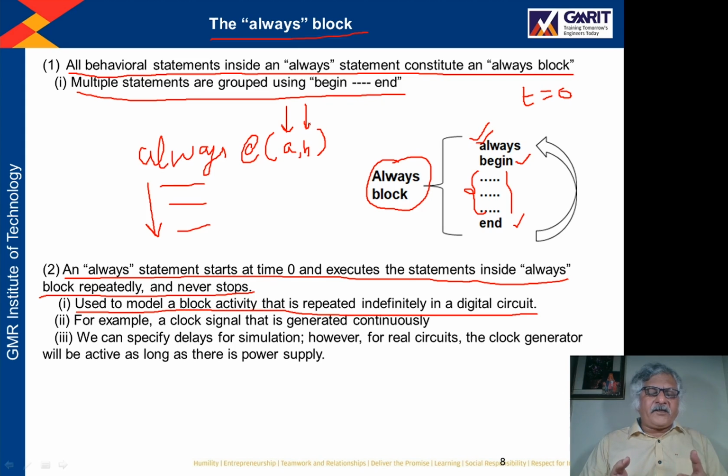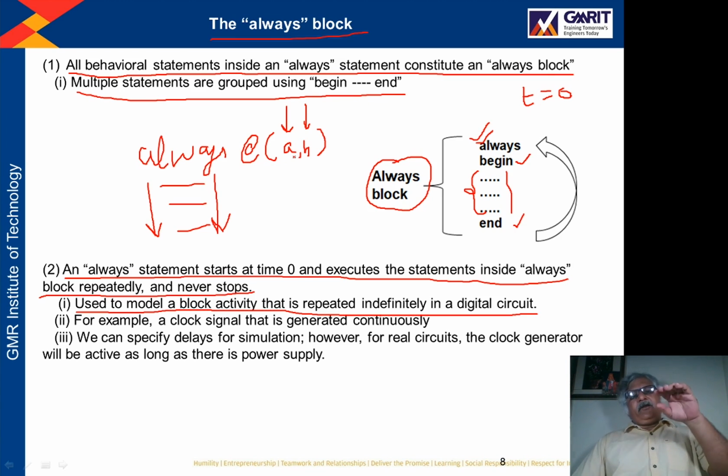So when a change in value occurs on A or B, all the statements inside the always block will be executed again. After the execution of the last statement, the always block will be suspended again, and it will wait for an event on A or B. If there is a change in A or B, again all the statements inside the always block will be executed.